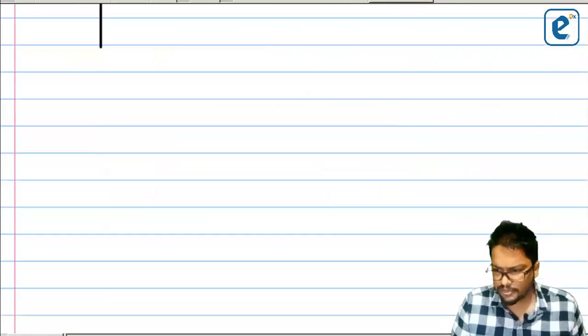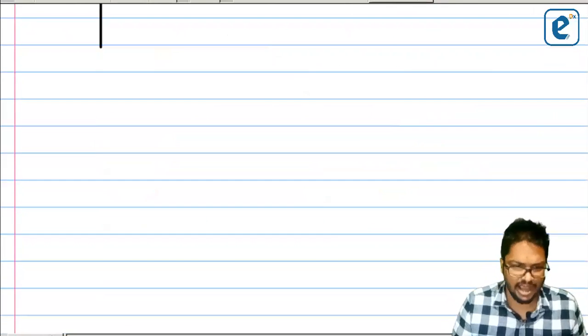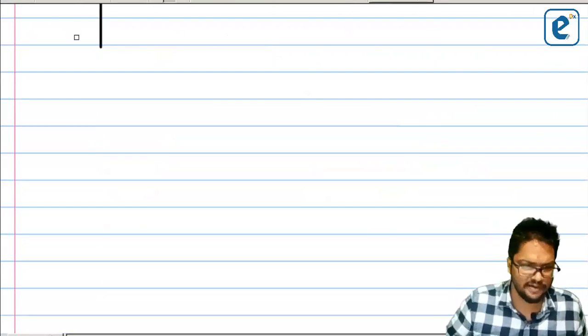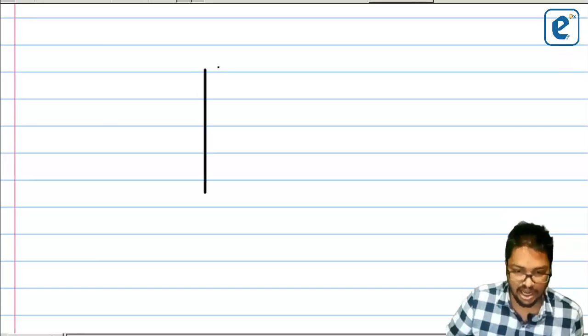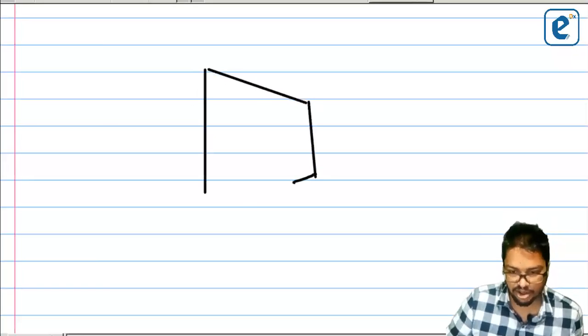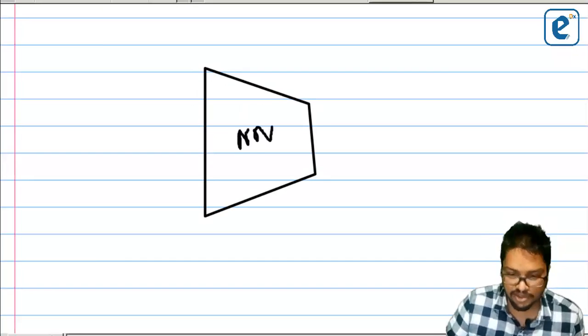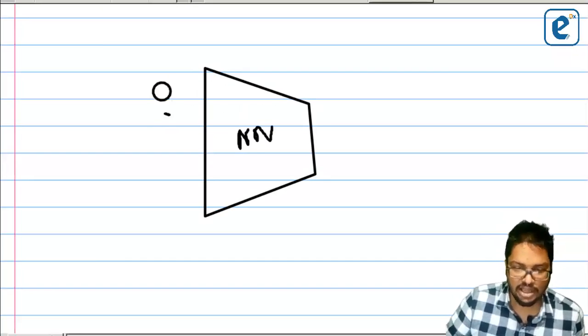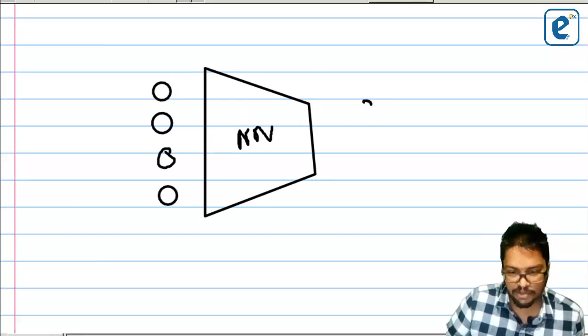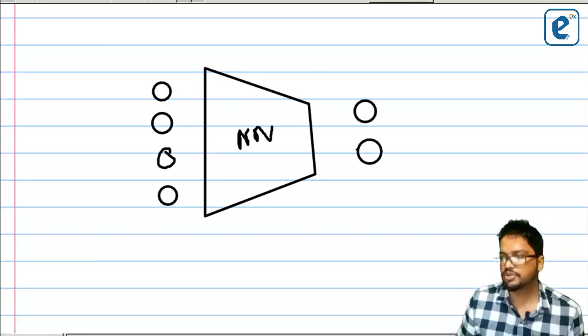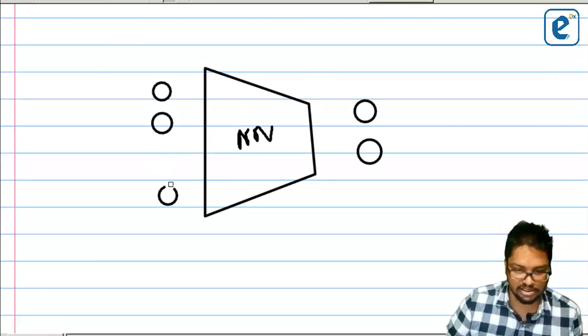So now you know what we are trying to do with a neural network. I'm not going to draw the neural network, but assume there is some kind of neural network, and we have some inputs here and some outputs here.